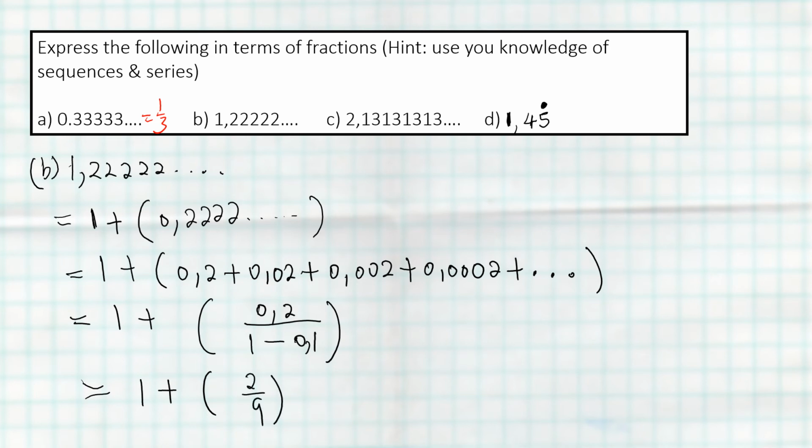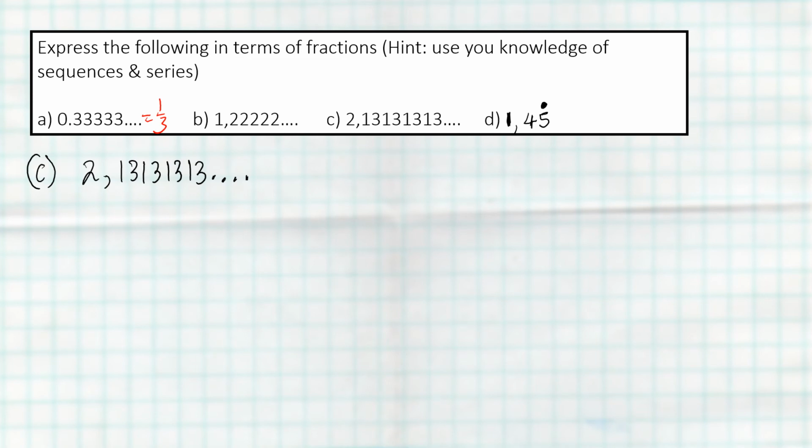So the final answer will be 1 plus 2 over 9, which gives me 11 over 9. And we have expressed this as a fraction. We can prove whether 11 over 9 gives us 1.22222. When you punch 11 over 9 on your calculator, it should give you 1.222 to show that you have done it correctly. Okay, let's move to C.